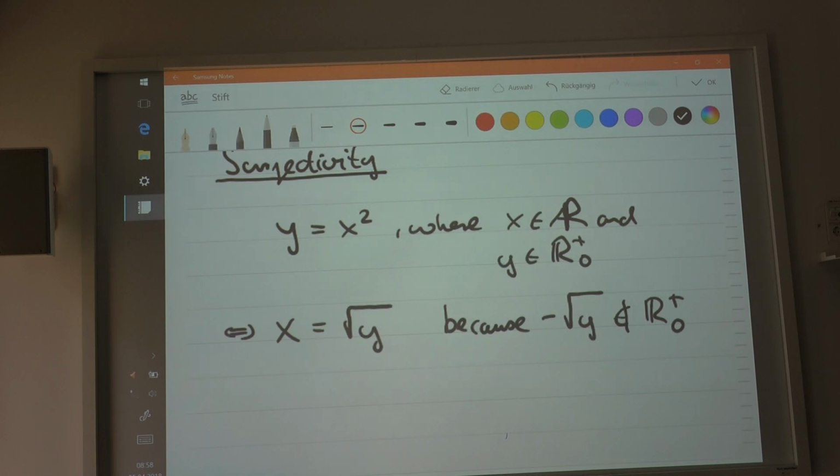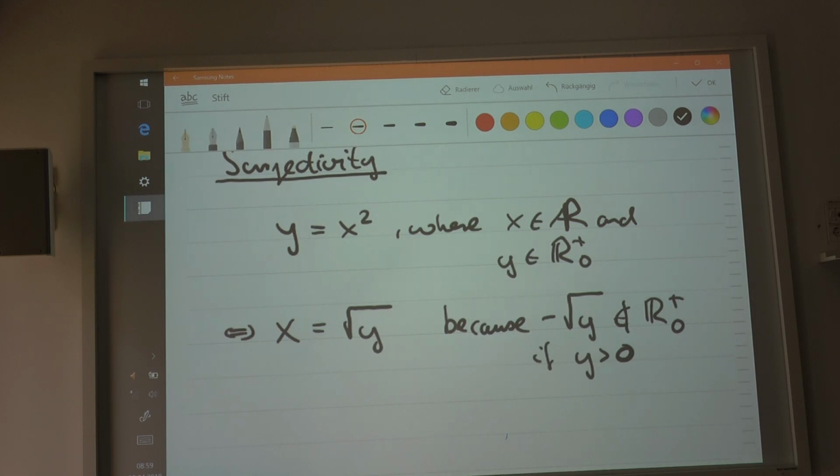For y equal to 0 it is, but if y is positive, then it's not the case. So here the two expressions are equivalent.